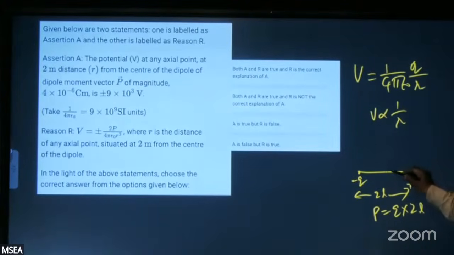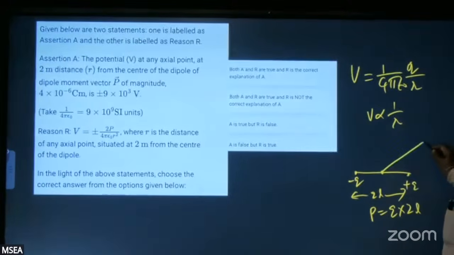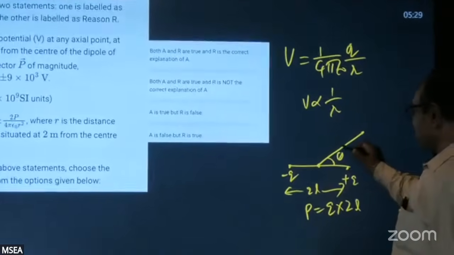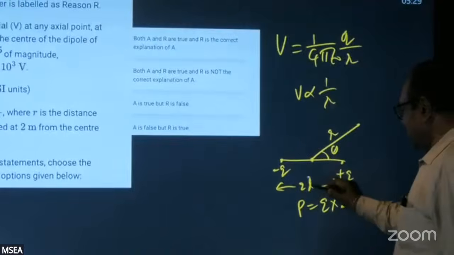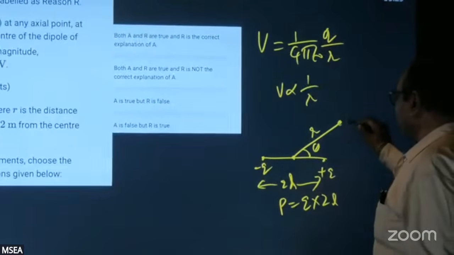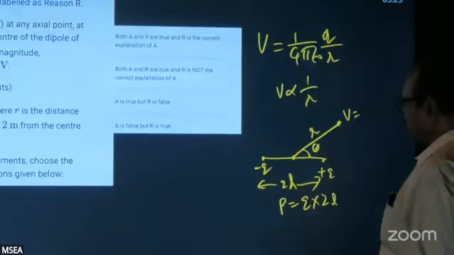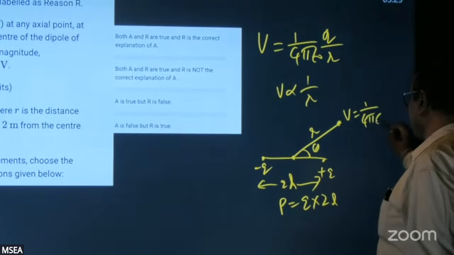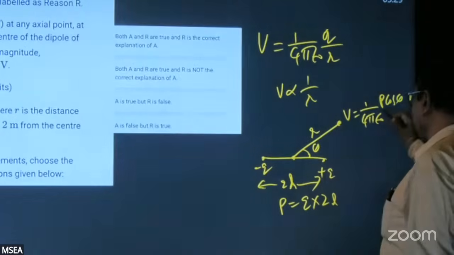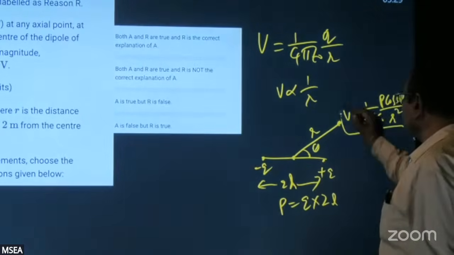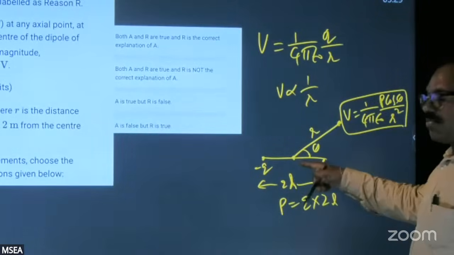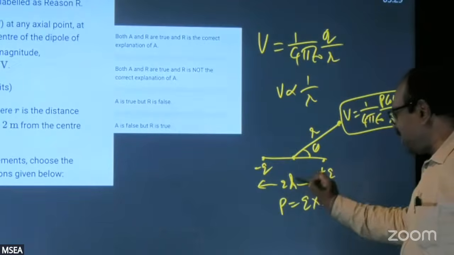From the center, at one particular point, theta is the angle, at a distance R. This is L and this is R. The electric potential at that point is 1 by 4 pi epsilon naught P cos theta by R square. This is the electric potential at a distance R from the center of a dipole moment P.